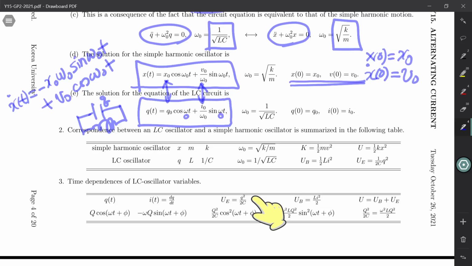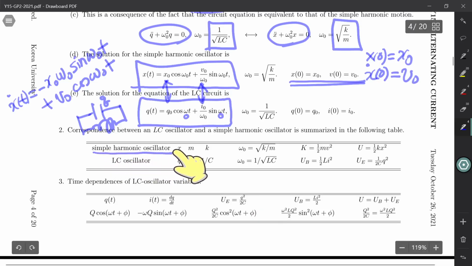In summary, simple harmonic oscillator and LC oscillator: the displacement, charge, mass, inductance, spring constant, 1 over C, they are analogous to each other.